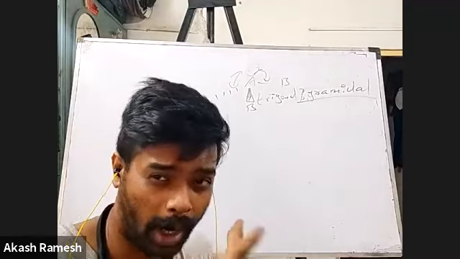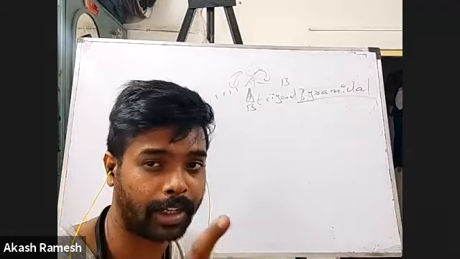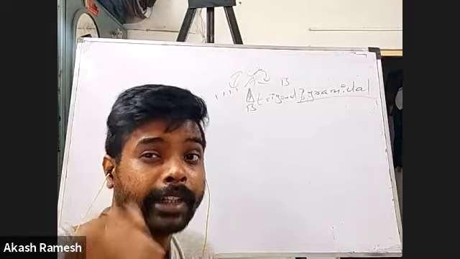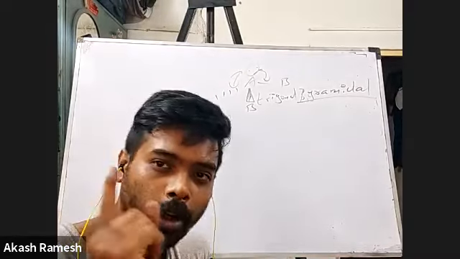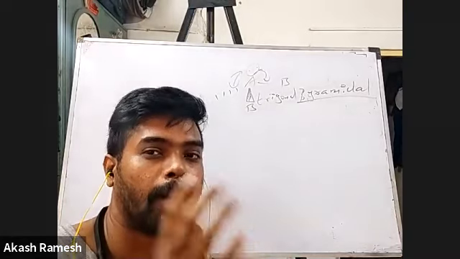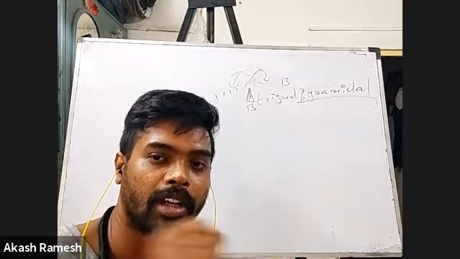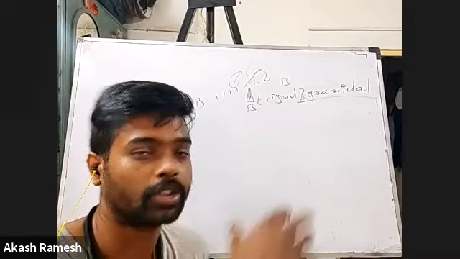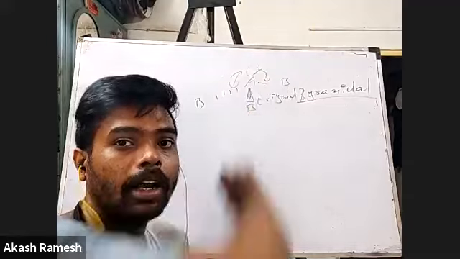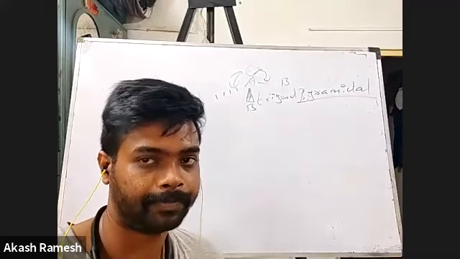What are the types of electrons I have? Bond pair of electrons and lone pair of electrons, and between them I can have three different types of repulsion: lone pair-lone pair, lone pair-bond pair, and bond pair-bond pair. Among them, lone pair-lone pair is the highest, and bond pair-bond pair is the lowest. So here you see lone pair, bond pair repulsion. So obviously that is going to make the bond angle lessened.